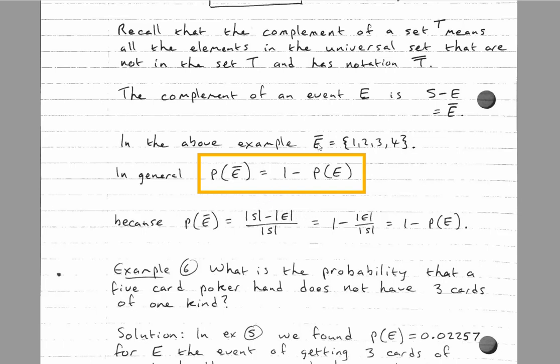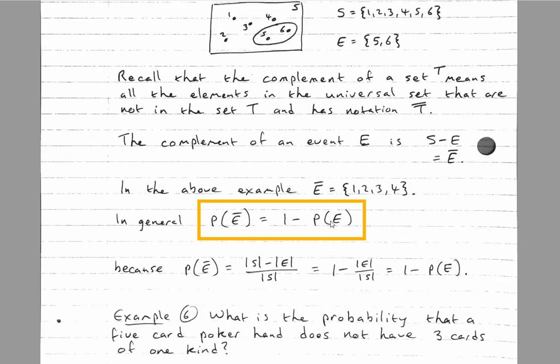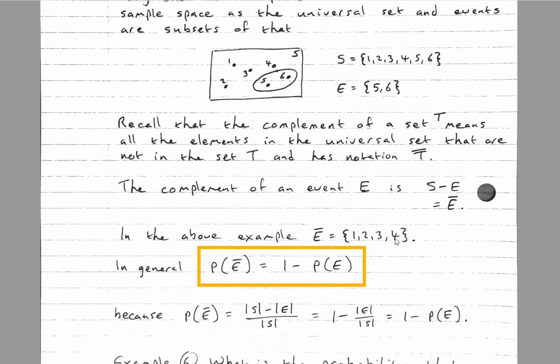So the number of elements in the complement is just the number of elements in the sample space minus the number of elements in the event. So here it's 6 minus 2.